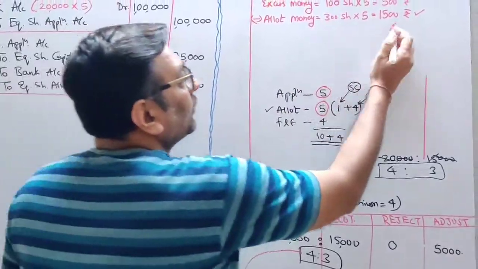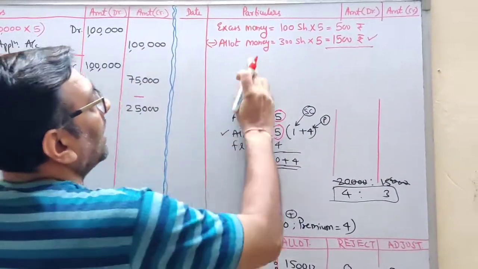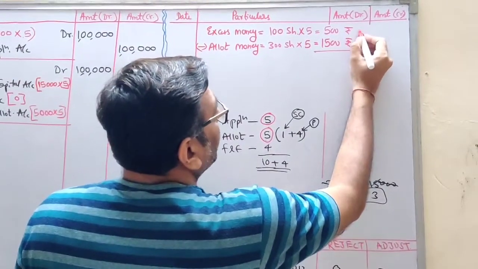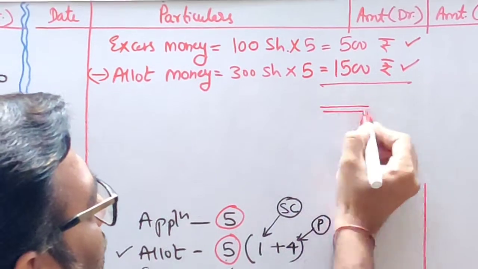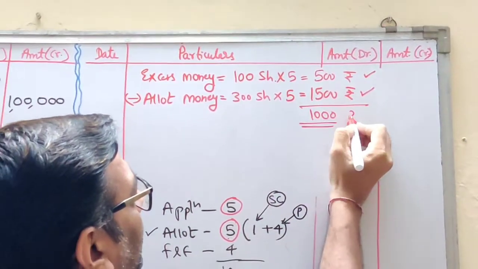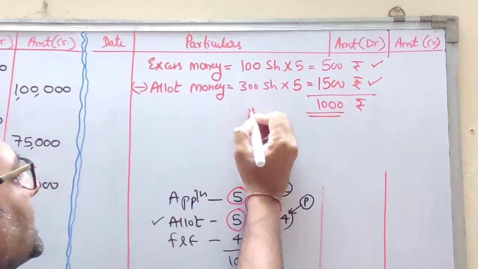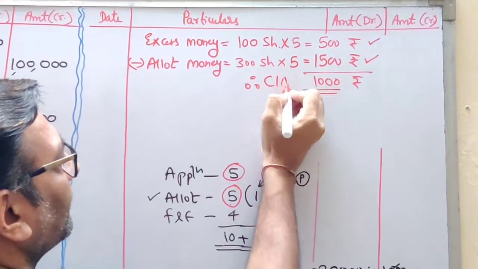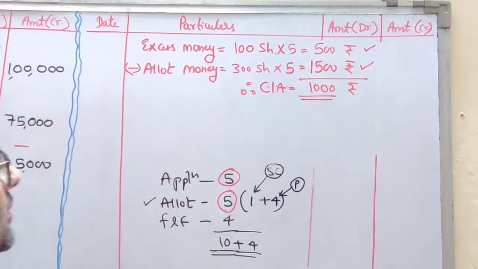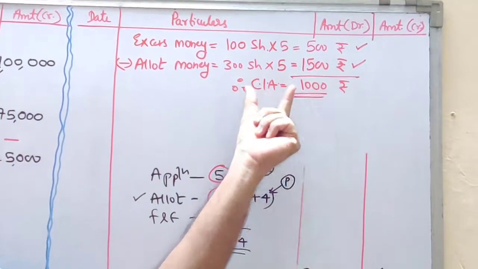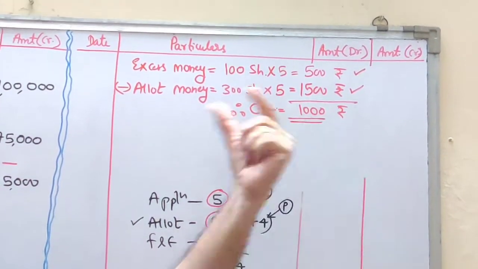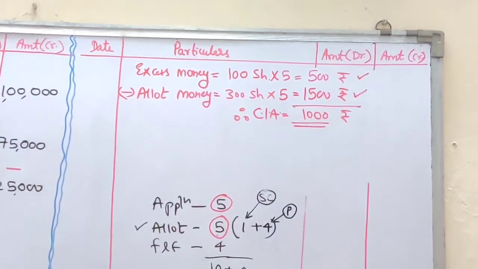So this is what we are doing in the working now. From this allotment money, you minus this 500, which is excess application money. So how much was he supposed to pay? 1000 rupees. So this Mr. Ashutosh has not paid. So this is called call in arrear. So I hope you have understood how we calculated call in arrear. Am I clear with this?